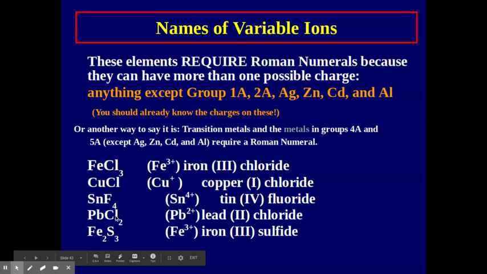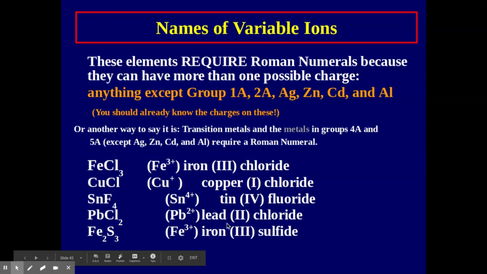Here's your tin. It's bonded to 4 fluorides. Each fluoride's a -1. So this tin must be a +4. Tin 4 fluoride. This lead is bonded to 2 chlorides. Each one's a -1, so lead must be a +2.